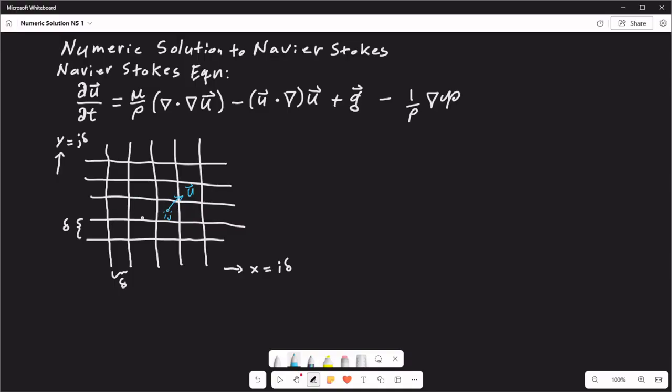So each of these cells is labeled by indexes, and this particular cell is going to be ij, and then this would be i minus 1, j, etc. So each of these cells has some sort of velocity vector in it that might be pointing in a slightly different direction.